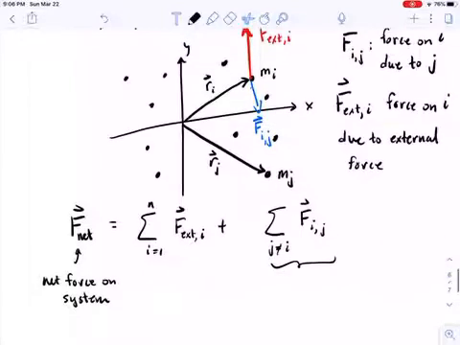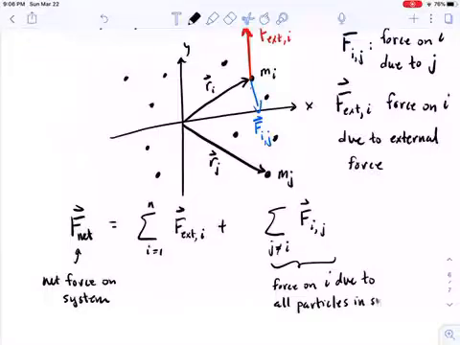So this is the force on i due to all particles that are in our system. And then I have to do that for every single particle that's in our system.